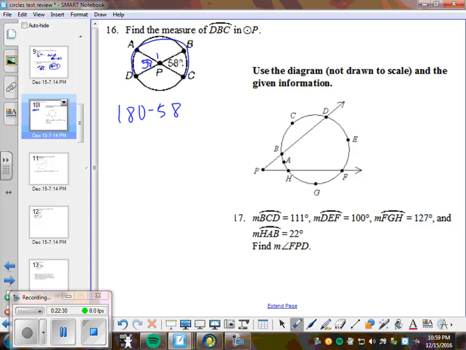So 122 would be that angle. So if we're adding up all these arcs, since they're central angles, it'd be 58 plus 122 plus 58. That should give you 238.